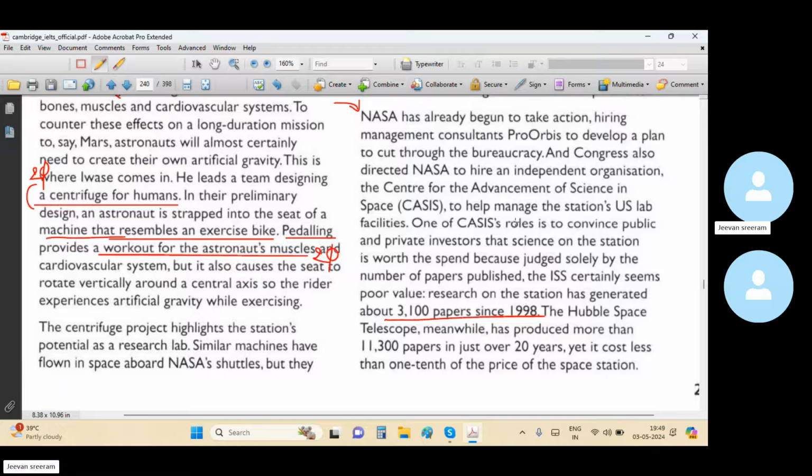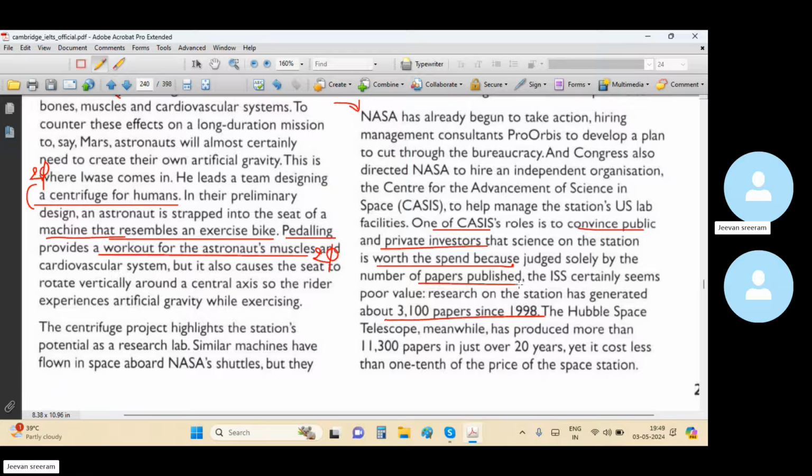So it's all about advancements in science to help manage stations, US lab. So there is another separate independent organization that was established, right? Its role is to convince public and private investors that spending on space research is profitable. It definitely is worth the spend. Investors generally think about how many papers are published, how the research in that direction is doing based on the papers published.